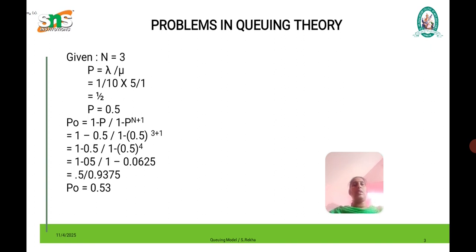Lambda by mu is nothing but 1 by 10 into 5 by 1. Lambda is 1 by 10, mu is 1 by 5. Dividing, you will get 1 by 2. So rho can be represented as 0.5.